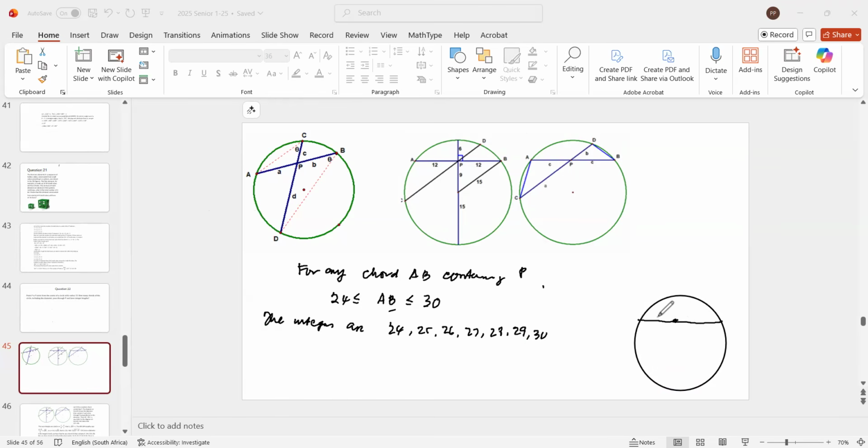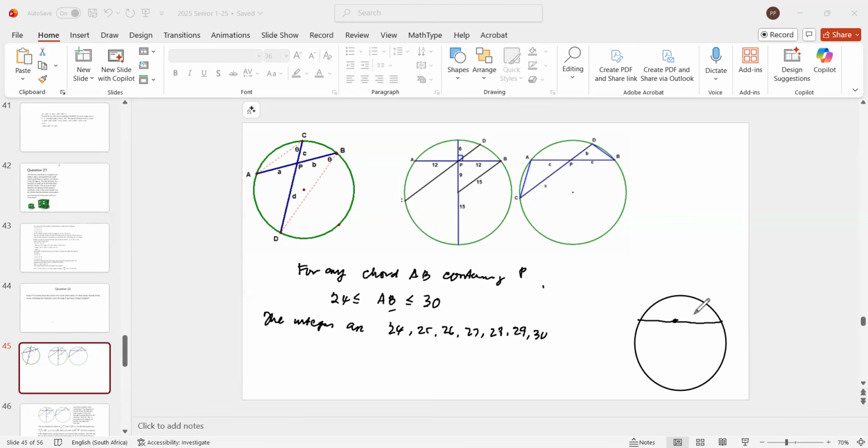Now, I can get 25 by just rotating this around P slowly. I can come to a length which is 25. And continuing to rotate it, you'll come to 26, and continue until you come to the diameter, which is 30. And if you keep rotating, you'll see you're getting chords which are smaller than 30. So all these are attainable. That's the point. We have chords with length 25, 26, 27, 28.